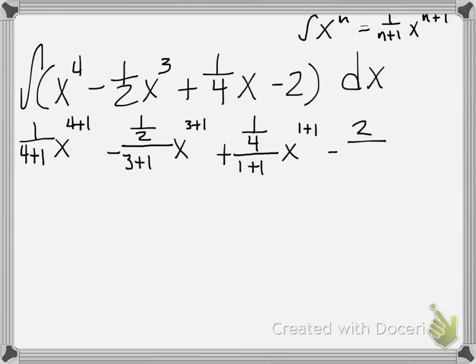And so 2 times 1 gives us 2, but if we had x raised to the 0, that would give us 1 as well, because anything raised to the 0 is equal to 1. So that's going to be 2 over 0 plus 1 x to the 0 plus 1.